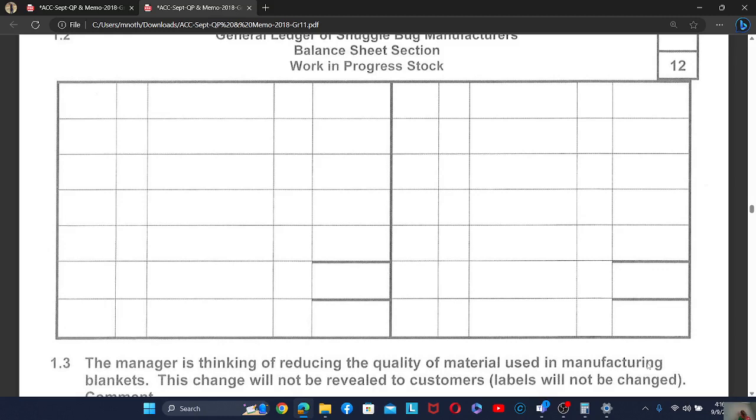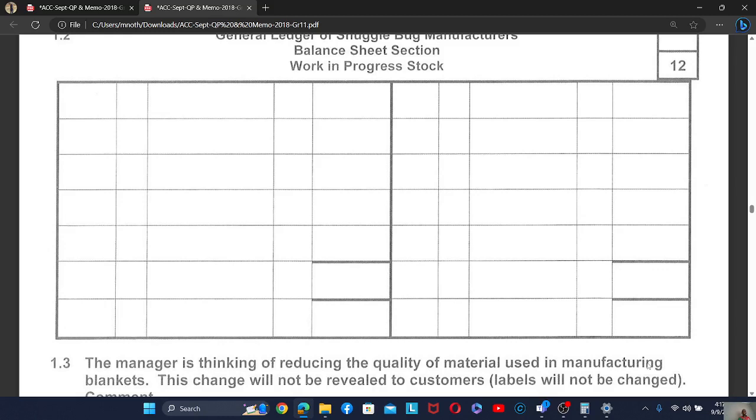So the work in process is an asset. This account is an asset account. Okay. Yes. What you need to note about the asset account is that in a business, anything that can be turned into money is an asset. Okay.